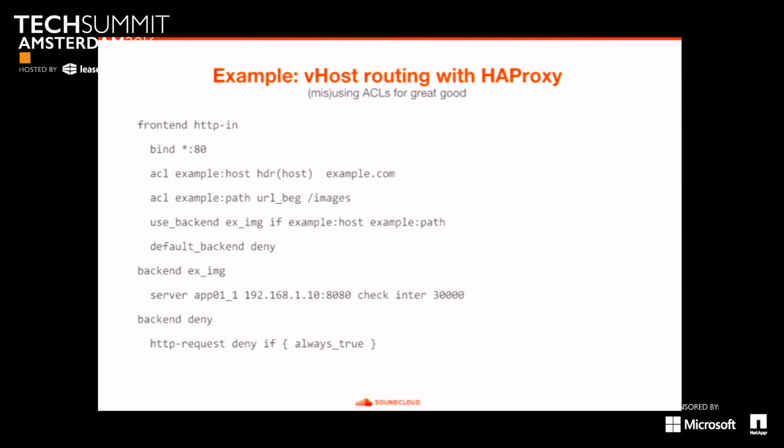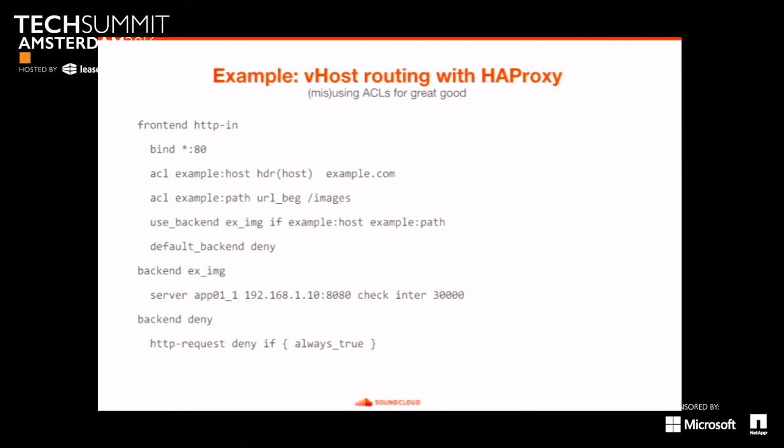So here's an example of how the simple vhost routing works. With HAProxy, basically you're kind of abusing ACLs to direct traffic to one or the other backend. There are plenty of examples on how to do this on the internet. I just wanted to put it here to illustrate what you can do.